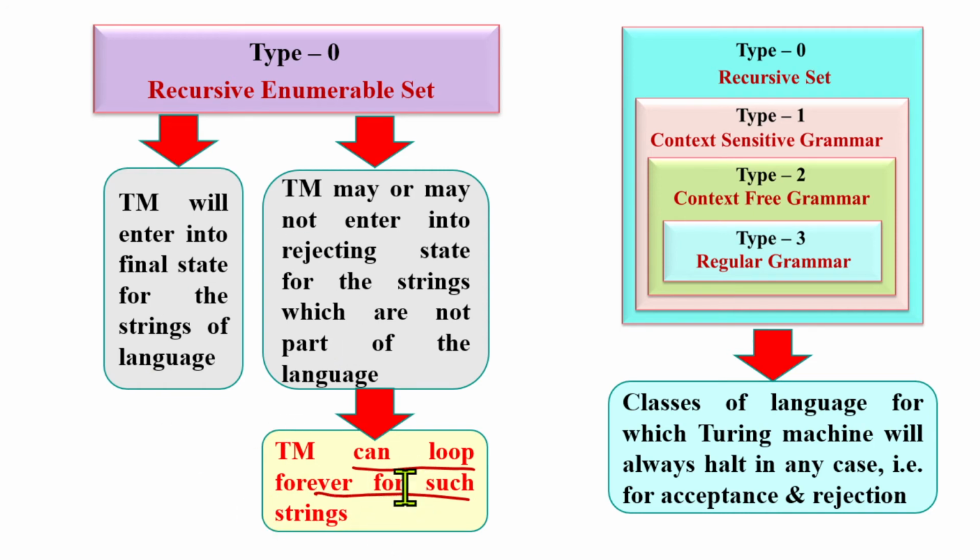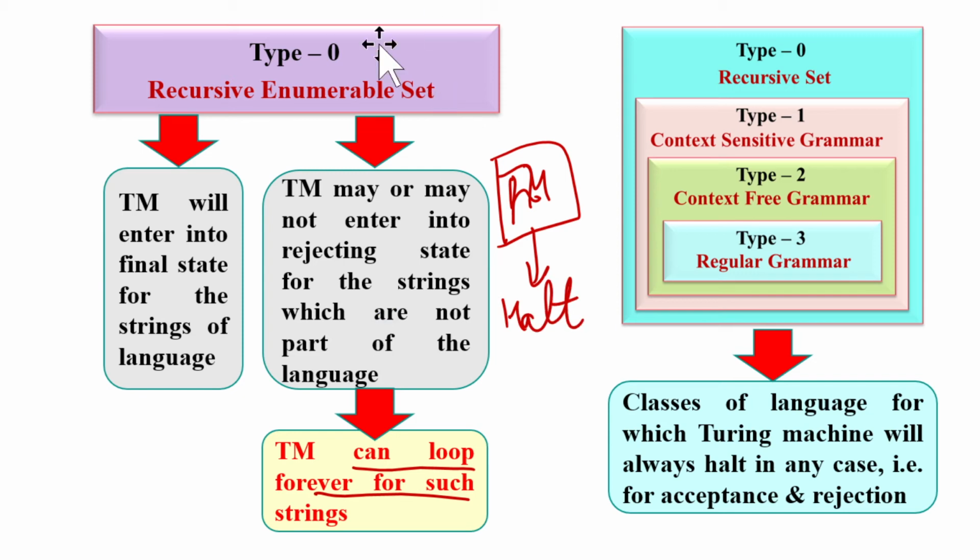We cannot predict in advance whether for this input the machine will halt or not. So for a Turing machine we cannot predict whether the machine will halt or not, right? This type of problem that we cannot solve, or the problem for which we cannot construct any machine or design any algorithm that can solve it, is known as an undecidable problem.